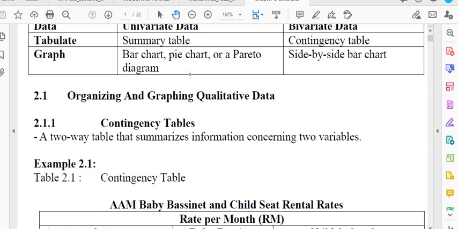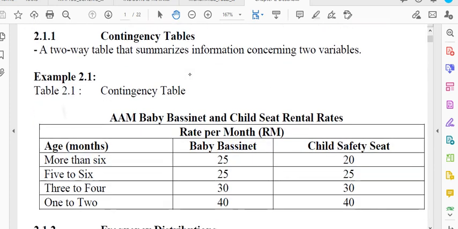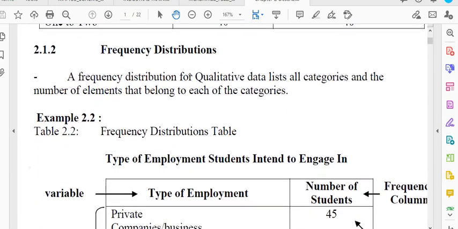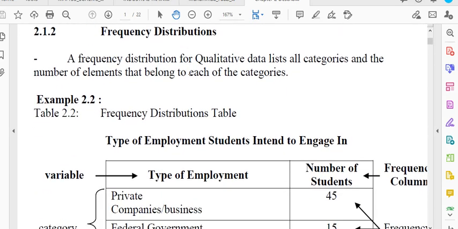Now, tables. Let me brief you on this. Most of the questions they set will say, by following the above statement, please construct a frequency distribution table. Now, what is a frequency distribution table?